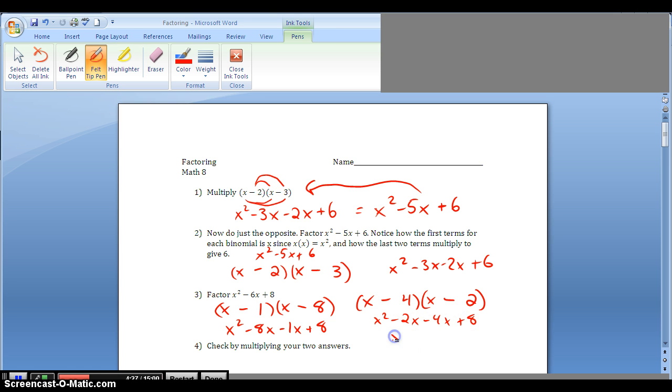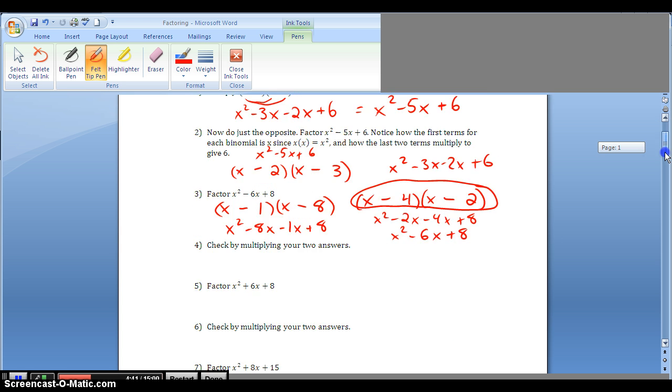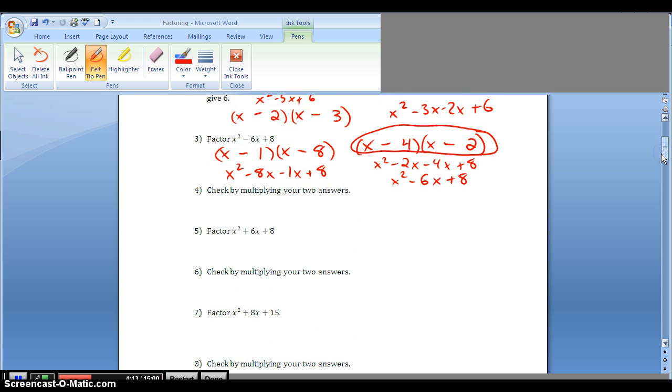Now I add the like terms. The minus 2x and the minus 4x gives me minus 6x. And now I have what I started off with. So this is what it looks like when it's factored. And it says check by multiplying, which is what I did right up here. I checked that by multiplying the answers.